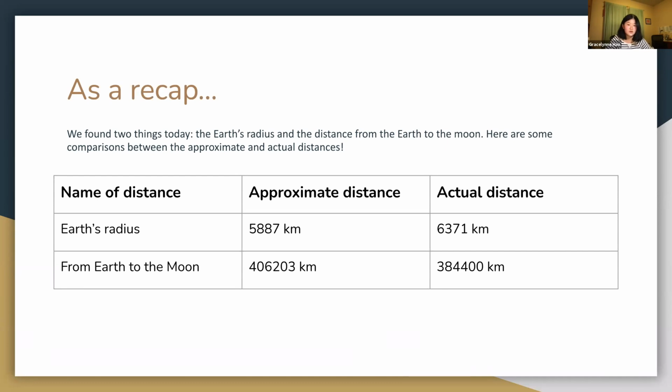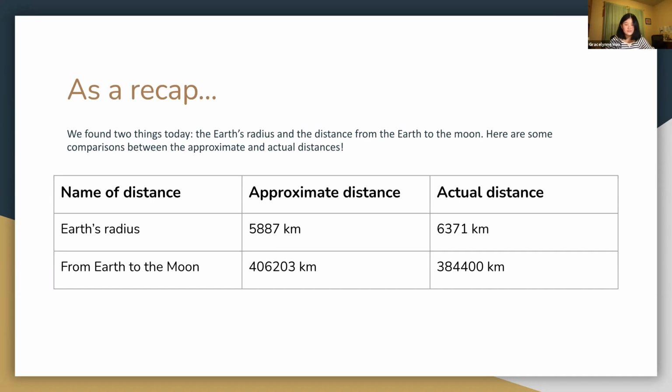And from Hipparchus's methods, we found the distance from the Earth to the moon. So this one is a bit more off just because we used Al-Biruni's radius instead of Hipparchus's radius for the Earth. But he was actually a bit closer, but just for today's context, we found it to be 406,203 kilometers and the actual distance is 384,400 kilometers.